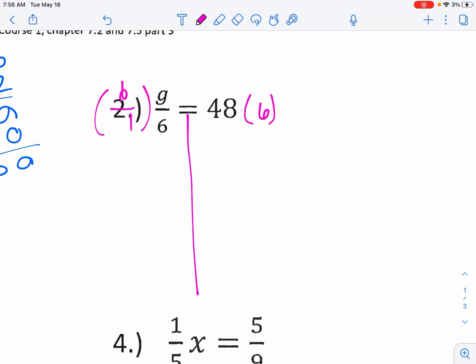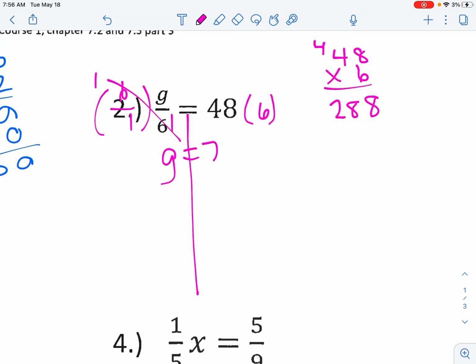If you think about multiplying fractions and cross-canceling, these 6's would both cross-cancel down to 1, so all I have left over here is g. Now I know I can't do this problem in my head, so I'm going to show Mr. Jardine my math. So 6 times 8 is 48. 6 times 4 is 24, plus 4 is 28. So G is equal to 288.